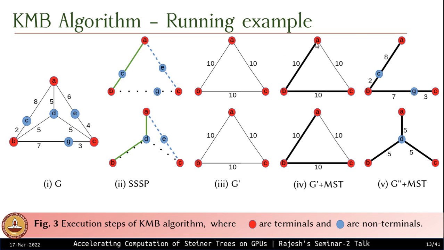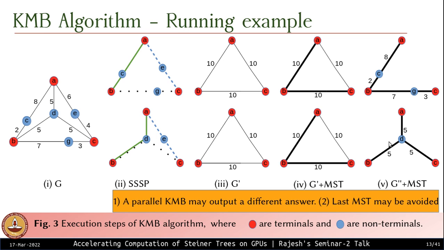Let's say we expand the edge AB with respect to the shortest path we have captured. So this shortest path is expanded this way, and this shortest path between A and B is expanded via D. Notice that for the same algorithm, two different executions are possible, and the optimal value we got for the bottom configuration is 15, whereas for the top configuration it is 10.